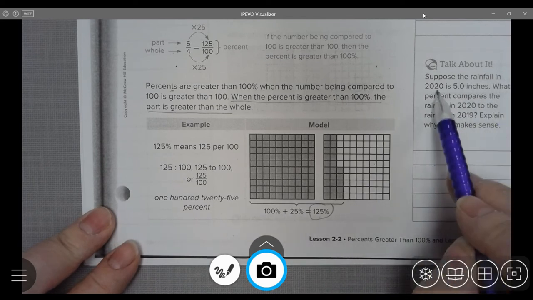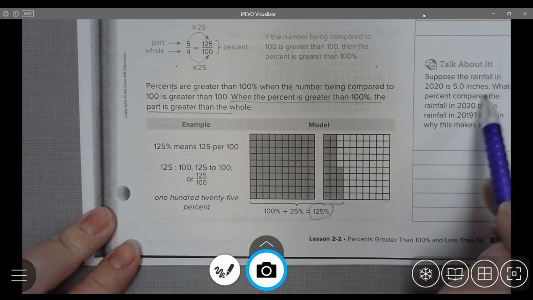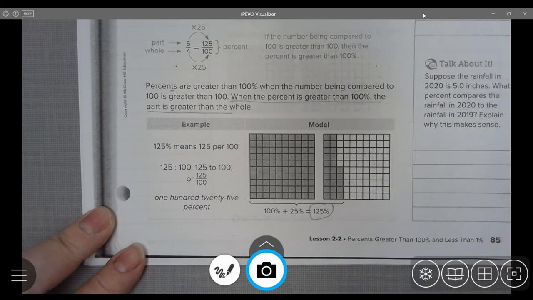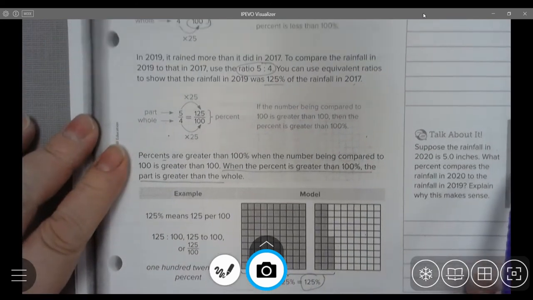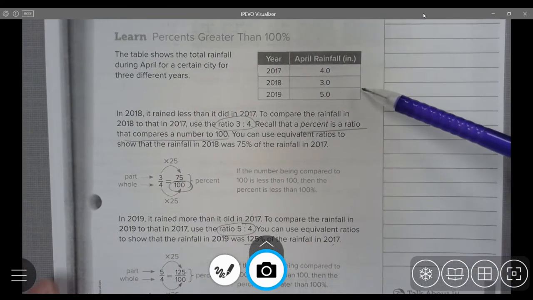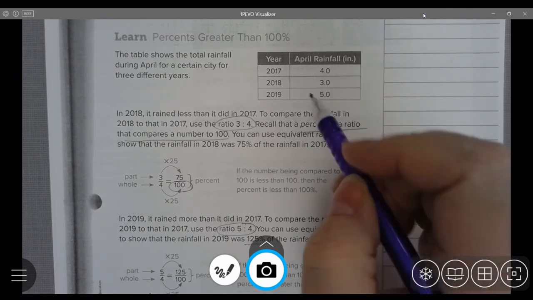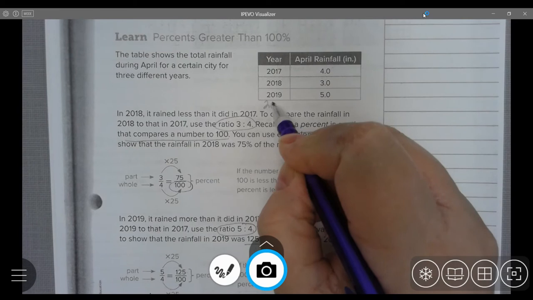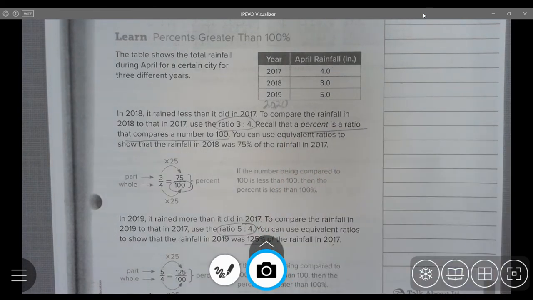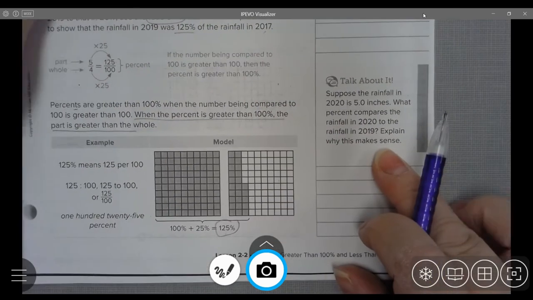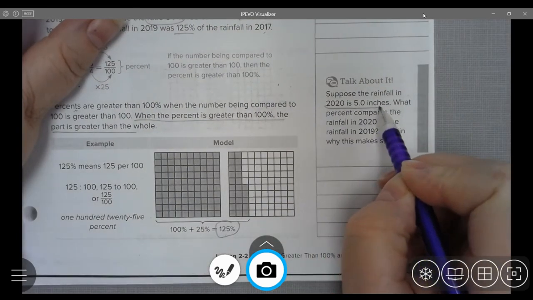Suppose the rainfall in 2020 is 5 inches. What percent compares the rainfall in 2020 to the rainfall in 2019? So let's look up here. Let's go back to the table at the top. We're comparing 2020, so I'm going to add to this, put 2020. And our question says that 2020 had 5 inches.